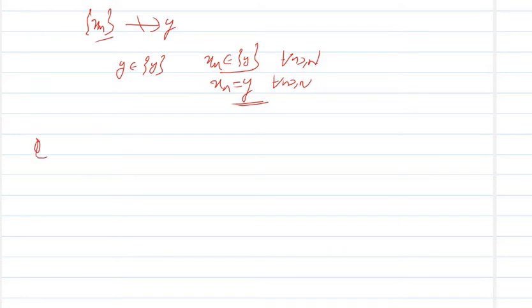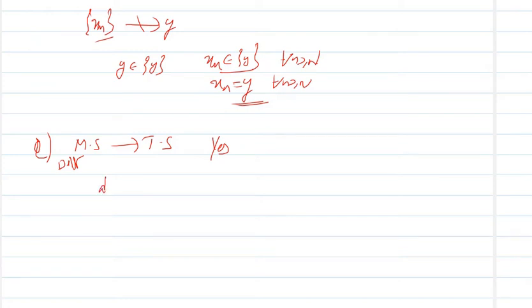Now there is a question: whether different metric spaces can induce the same topological space. The answer is a big yes. For example, we can consider two metric spaces.